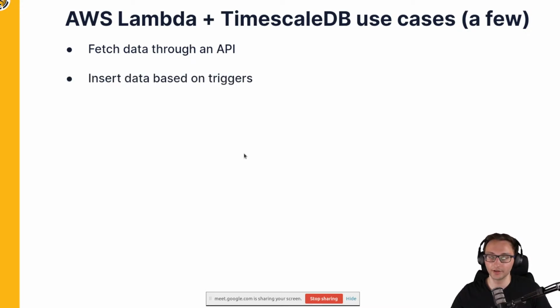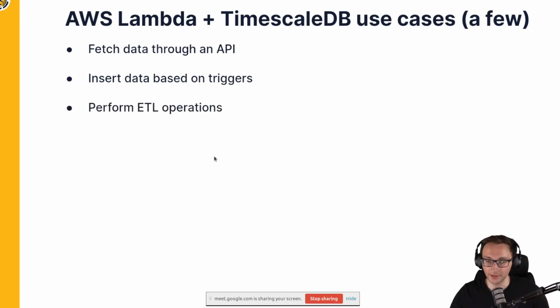You can also create an AWS Lambda function to insert data into the database using triggers. You can set up a lot of different kinds of triggers. You can also set up a trigger which basically behaves like a cron job. So maybe it runs every day or every week at a specified time.